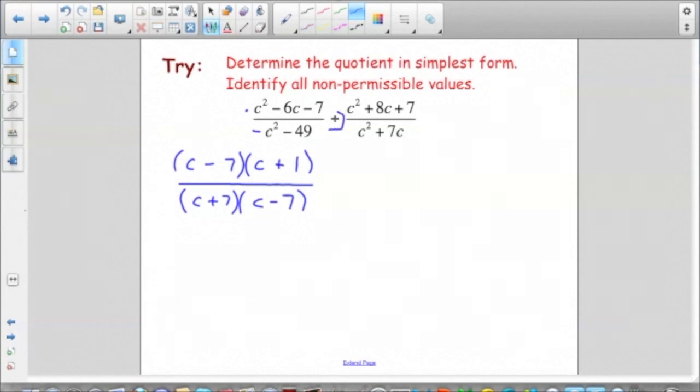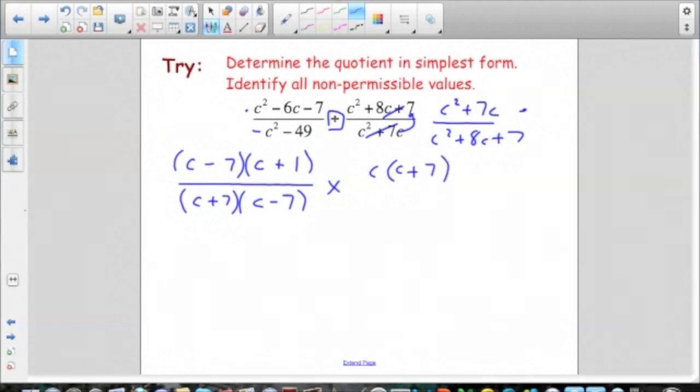Okay, we got a division sign, so we kiss, and we flip. So this C squared plus 7C is now on the top, and this C, so that just flipped. Okay, so we just flip those. Okay, what can factor up here? Well, a C is common, plus C plus 7.